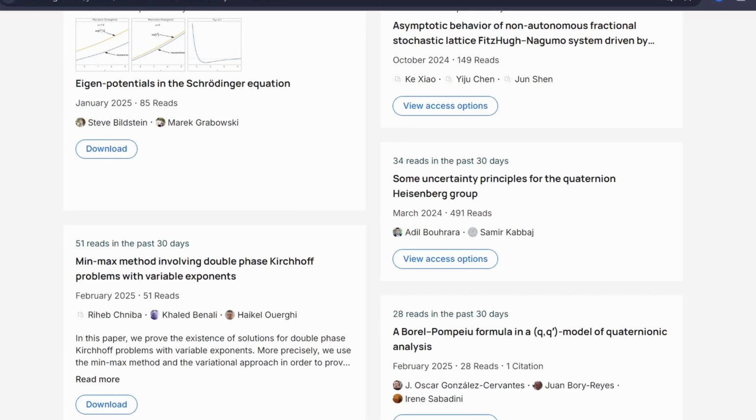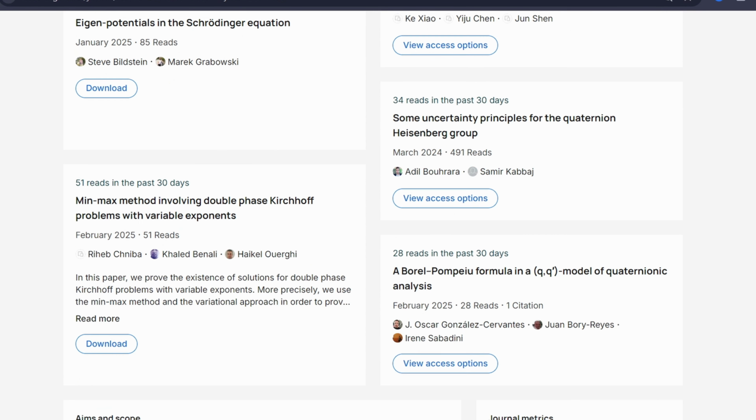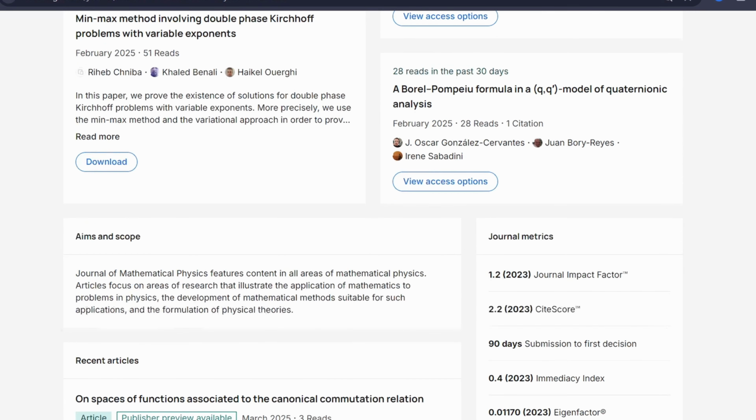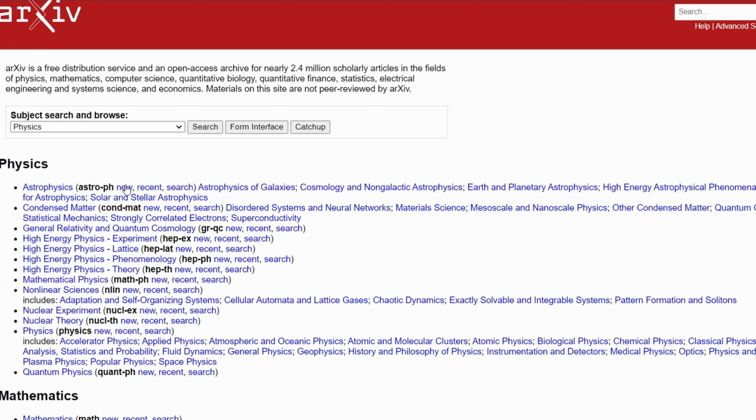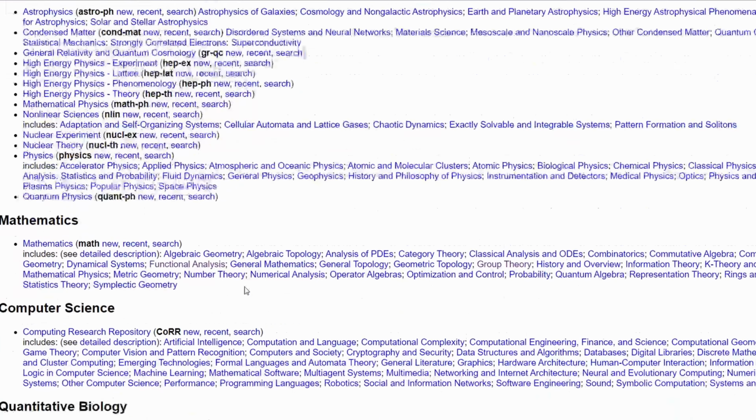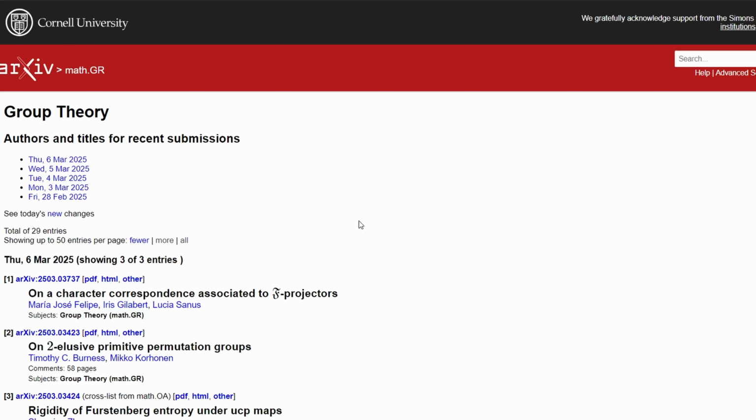Okay, so for number 2 and 3, I'm going to group them together because they are kind of similar in some way. The first one is ResearchGate and the other is arXiv. Both are also really good for finding resources and papers like Google Scholar, but what's really nice about them is they also contain preprints, especially in recent days, as people start publishing their research on their own as something called a preprint rather than through a publication company.